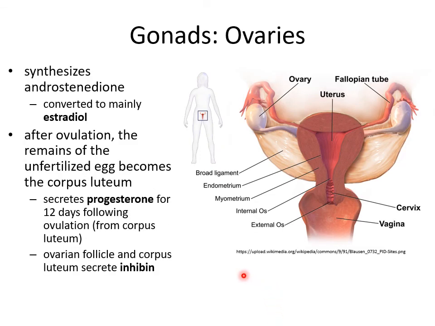For the female hormones, the ovaries produce estradiol, which produces a huge feminizing effect to the body. And estradiol levels are especially high during the first 2 weeks of the menstrual cycle when follicles are developing.